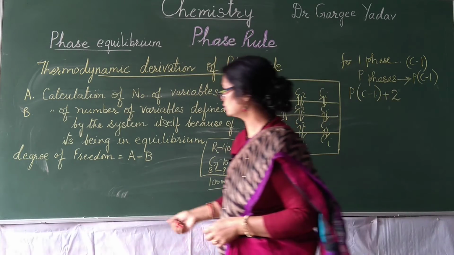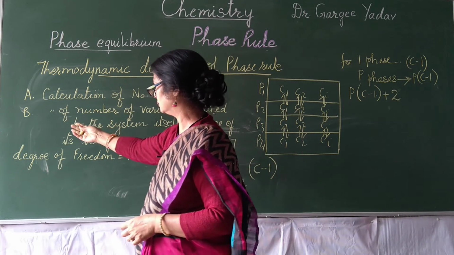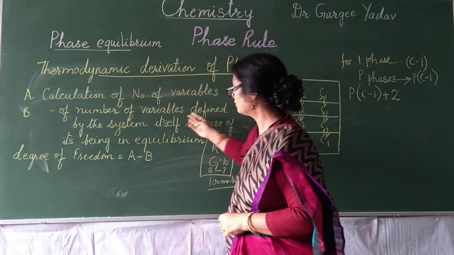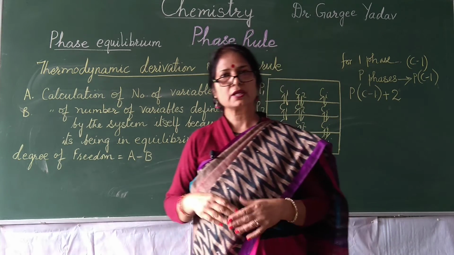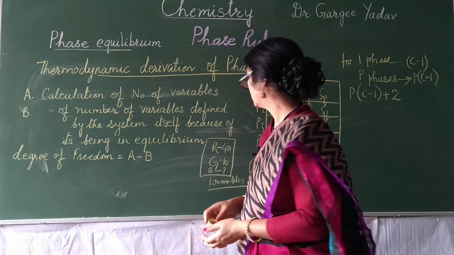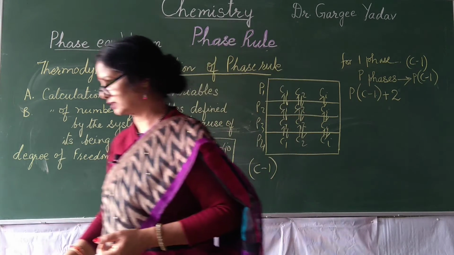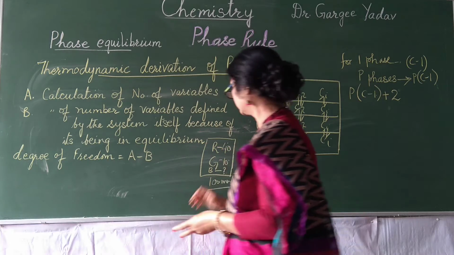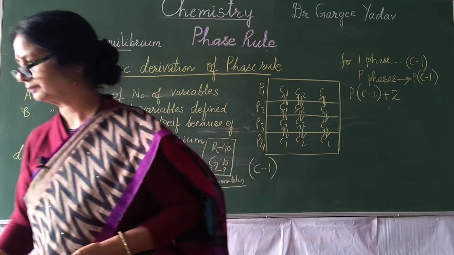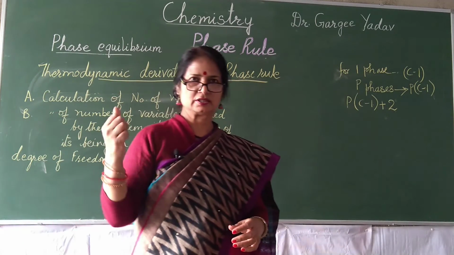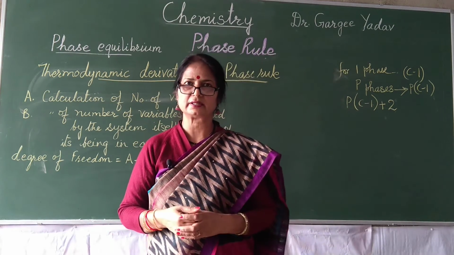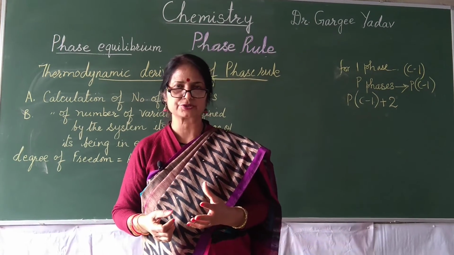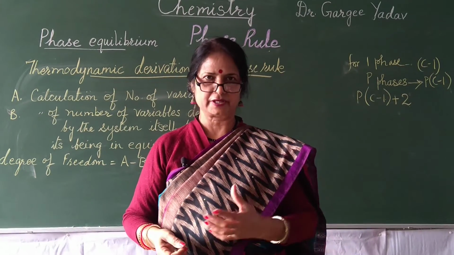Now we come over to another factor, which is the number of variables which are defined by the system itself due to its being in equilibrium. This I will tell you just now. As we have seen earlier, while explaining chemical equilibrium, the chemical potential of a component is the same in all the phases.